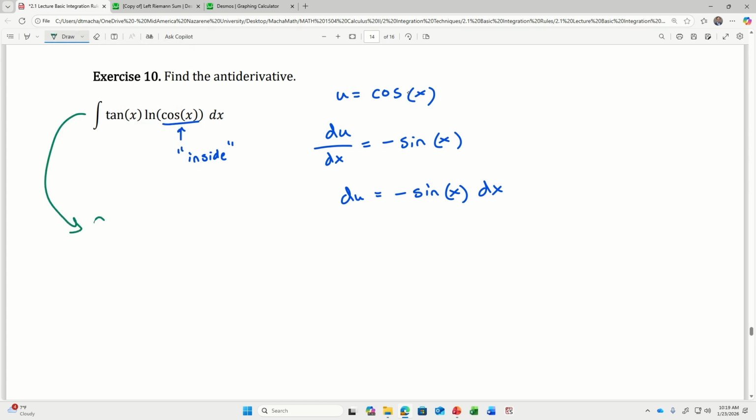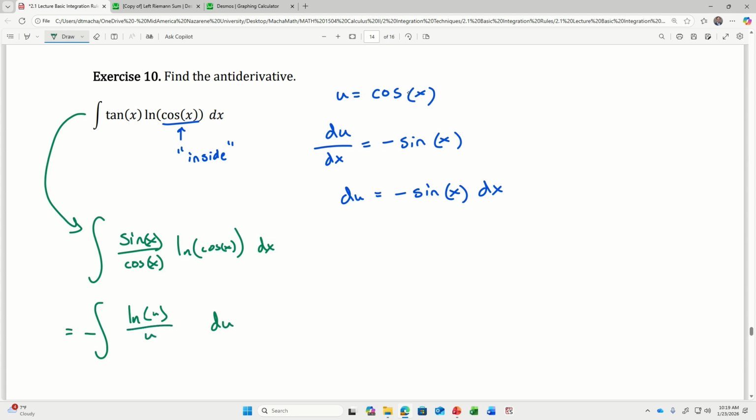Because tangent is the same thing as sine over cosine. So this might actually work, but we'll see. I can replace the sine of x dx with negative du. And then the cosines we can replace with u's.